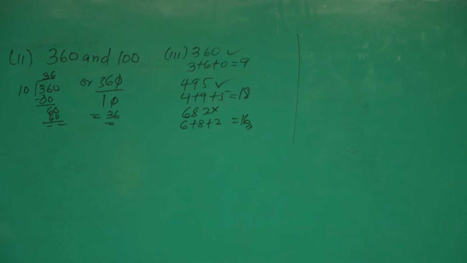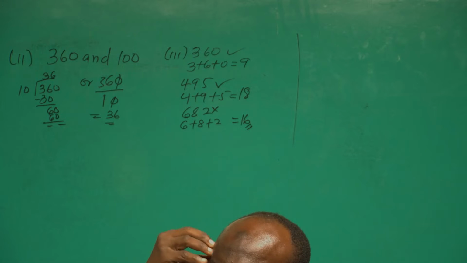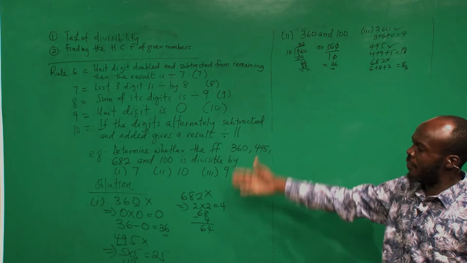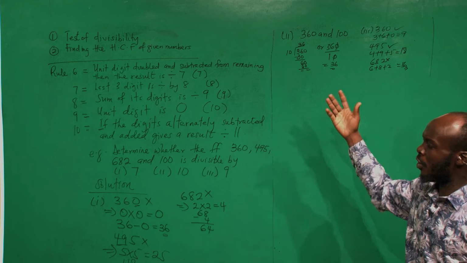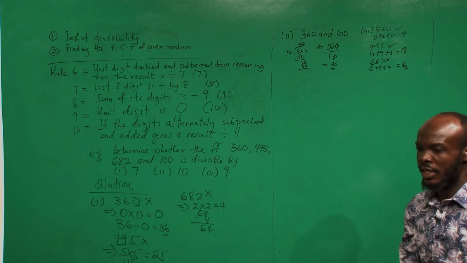And 100 definitely too, 9 cannot divide it. I guess by now you are able to get what we are trying to put across. These are things you should brainstorm into your brain. You keep it forever. When you can remember, it helps you to move very fast. When you cannot remember, then you are supposed to use your long division to get the answers.